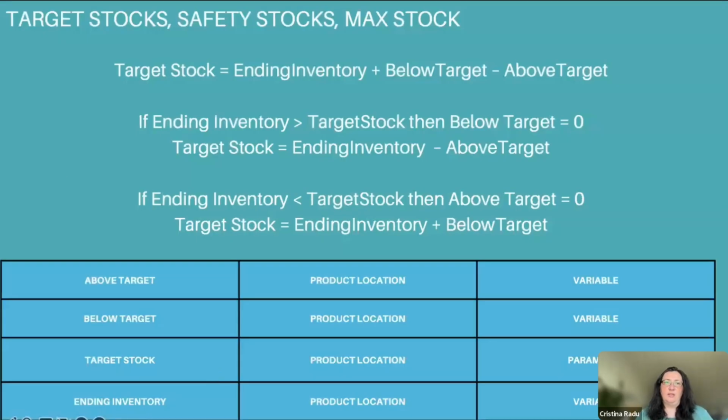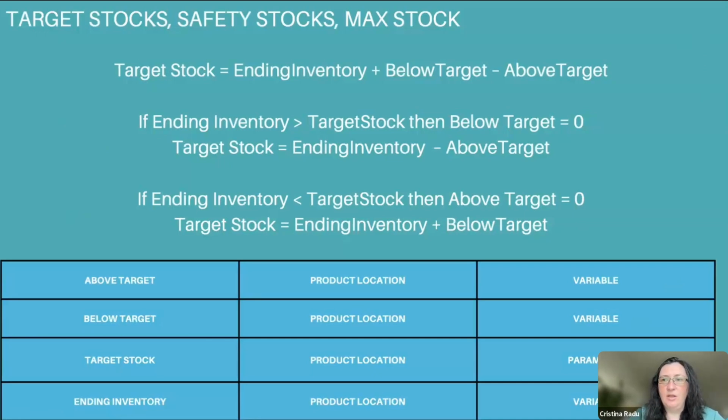And now let's talk about the other big concept we have in this lesson, the target stock. As I said, it's the same principle for target stock, safety stock, max stock. I will just show you how to think when it comes to the target, but the same applies. So basically the same equation.